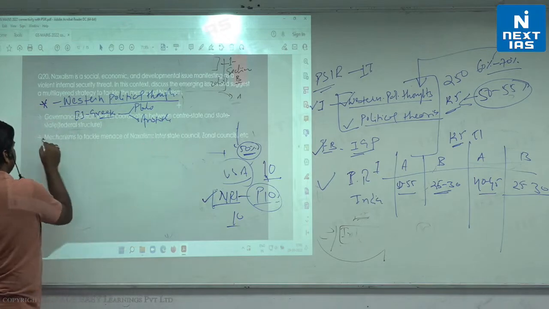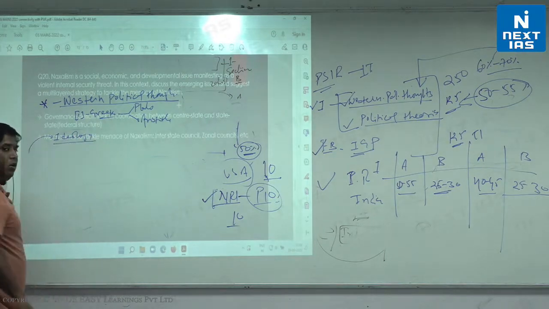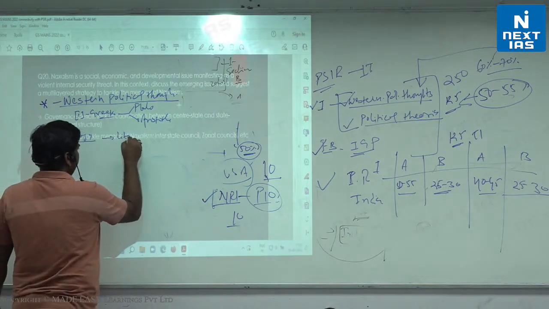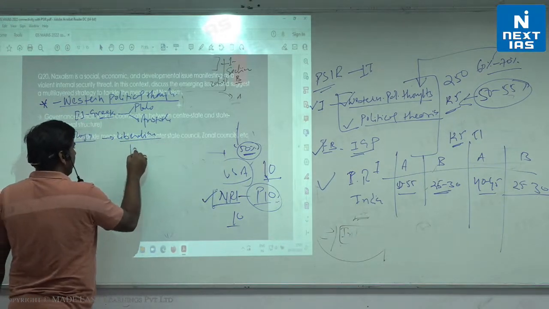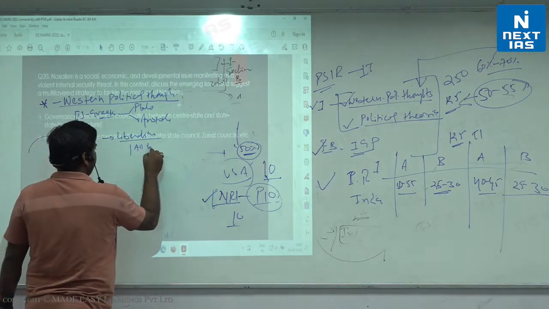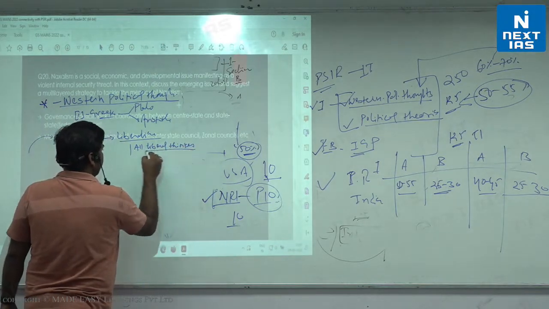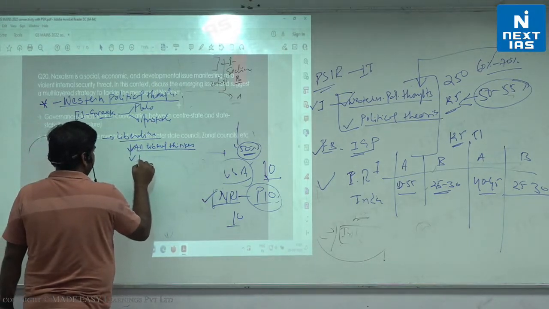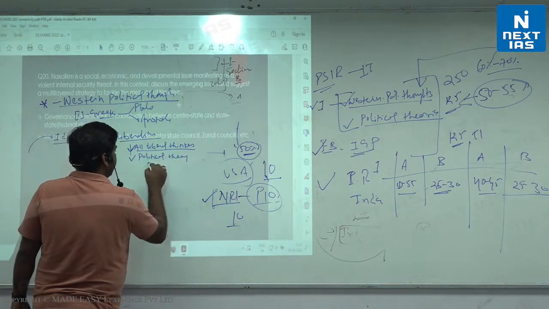But after this, your approach should be ideology oriented, means like the ideology of liberalism. So with the ideology of liberalism, all liberal thinkers, then the political theory part related to liberalism.